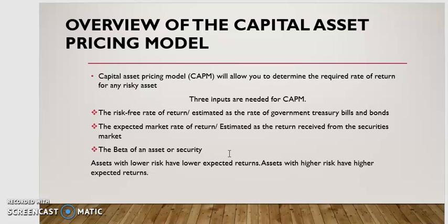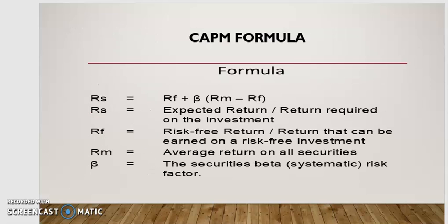When calculating a CAPM, assets with a lower risk have a lower expected return, and assets with a higher risk have a higher expected return. How do we calculate the CAPM?